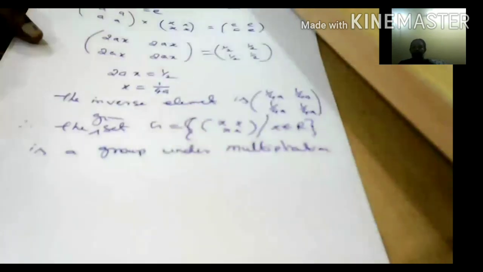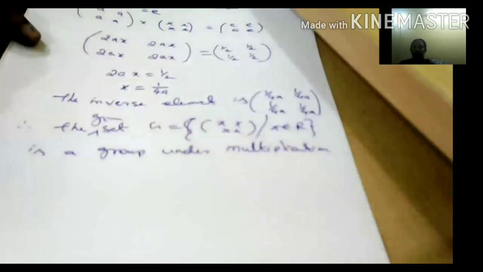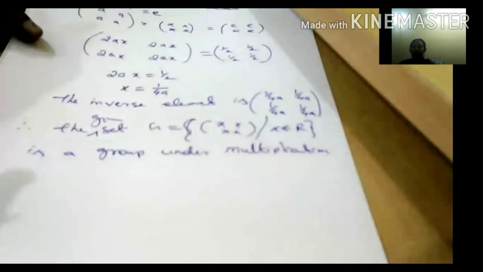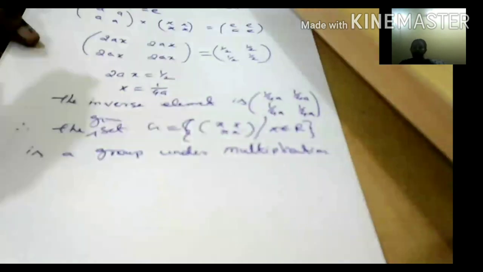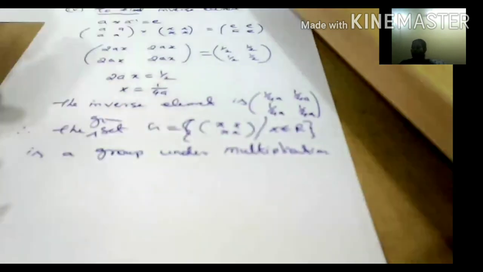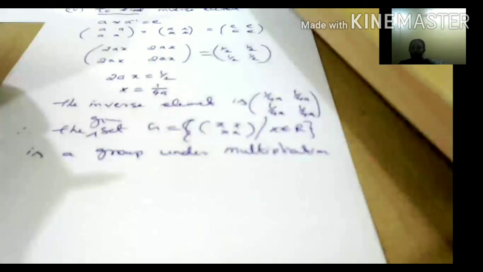The same way we can do any problem related to groups. For checking whether it is a group, or whether it is an abelian group or not, use the same way: first property, check it is closed, then check it is associative. Third property, identity. Fourth is the inverse.